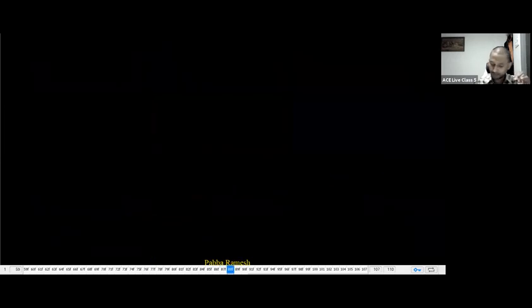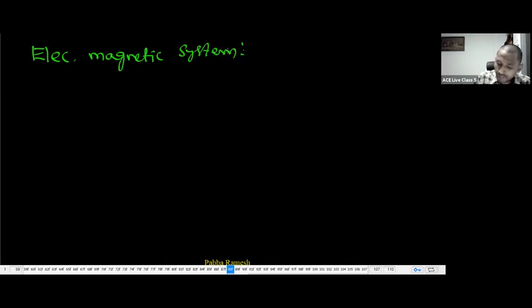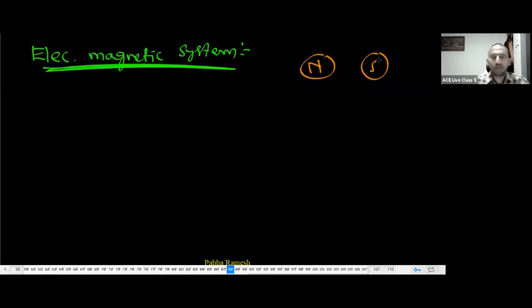Next, the electromagnetic system. What is the electromagnetic system? Same thing. One is a North Pole and one is a South Pole. Between these two, a force of attraction takes place. So what is that force formula?